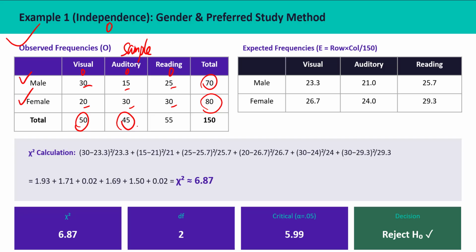And the last column total is reading learners, 25 plus 30 is 55. Adding the row totals, 70 plus 80 is 150. Adding the three column totals, 50 plus 45 plus 55 is also 150. Okay. So this is also the sample size.